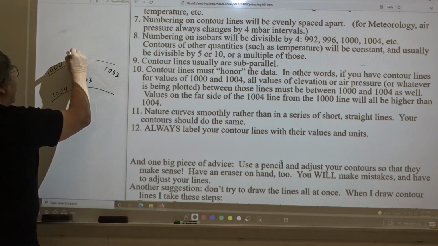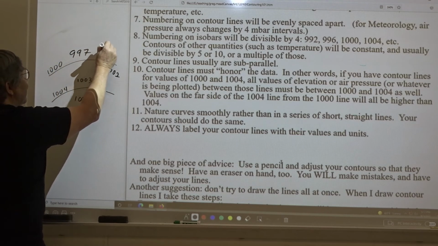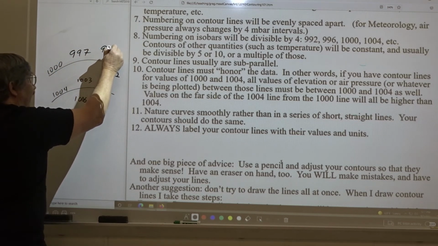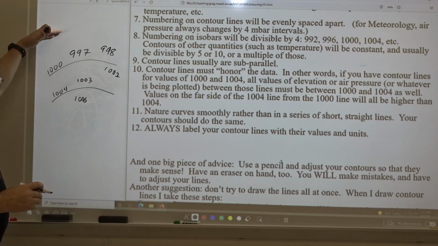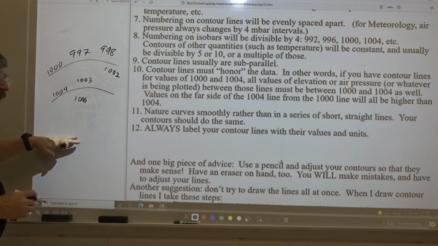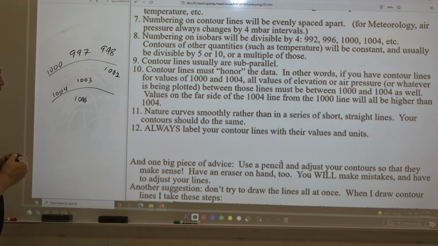You might see 997, you might see 998, something like that. But you will not see anything higher than 1,000 here. You will not see anything lower than 1,004 over here.